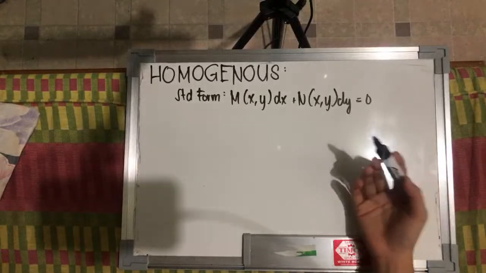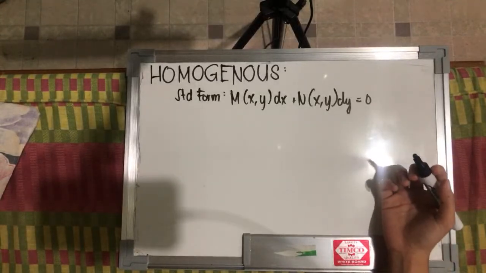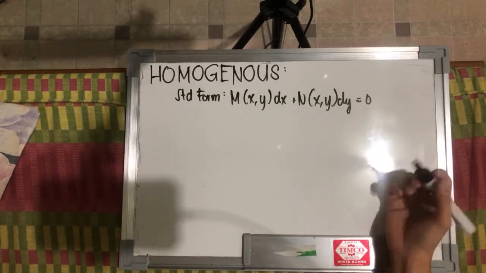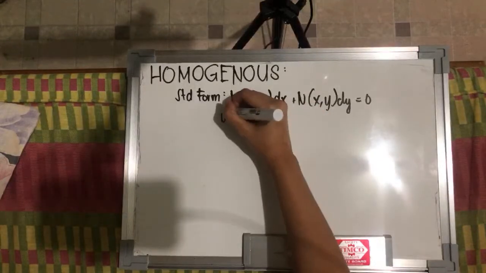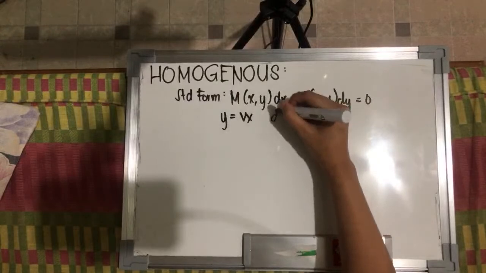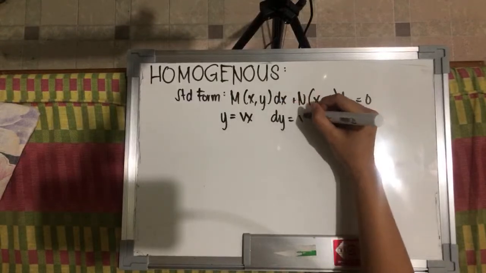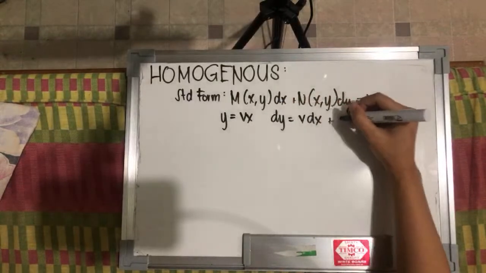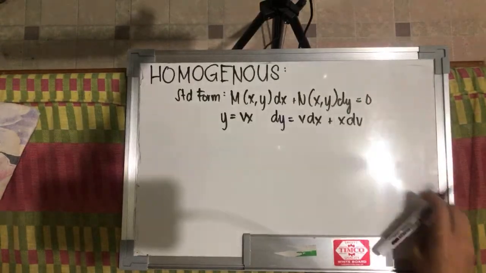So, magiging homogeneous siya. So, ang gagawin dito is, we substitute y is equal to vx. So, dy is equal to v dx plus x dv.